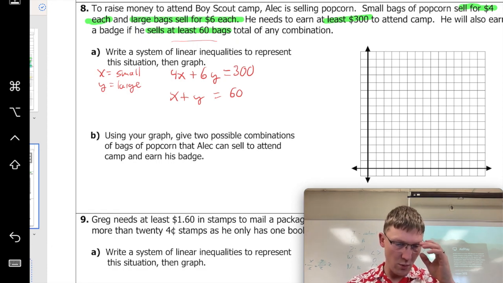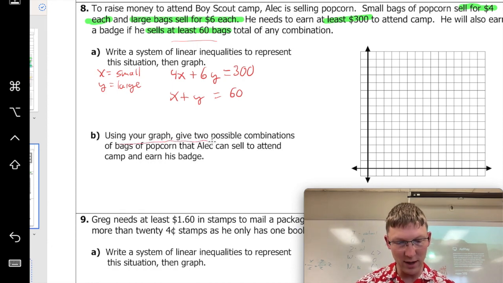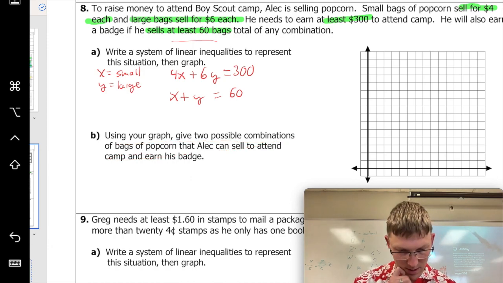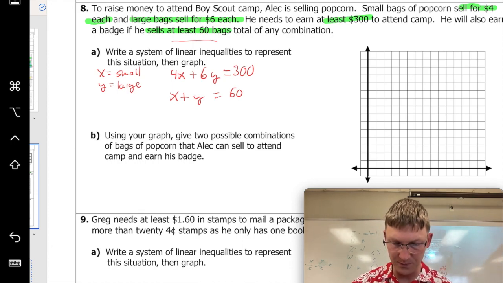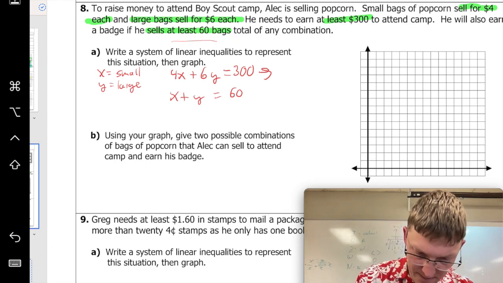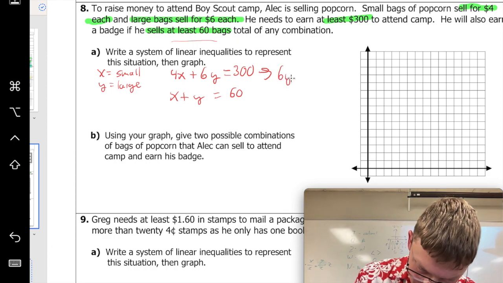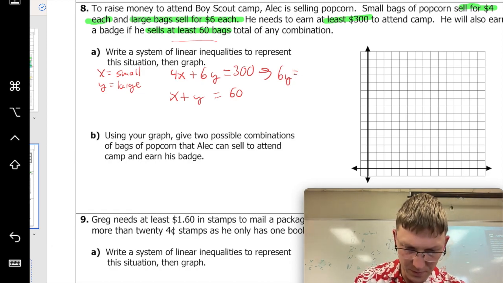So what we can do is graph these. Using your graph, give two possible combinations of bags of popcorn that Alec can sell to attend camp and earn this badge. So if we graph both of these things and figure out where they overlap, that's going to be our answer. If we graph this one, turn that into y equals mx plus b.